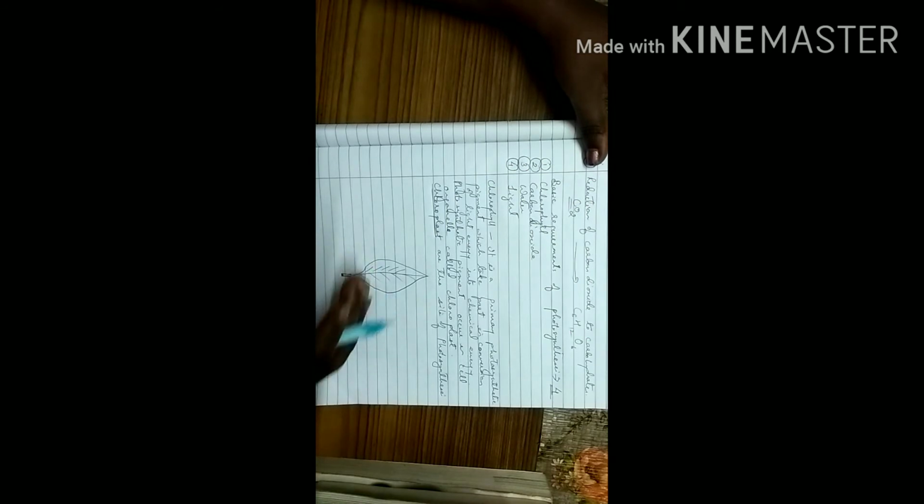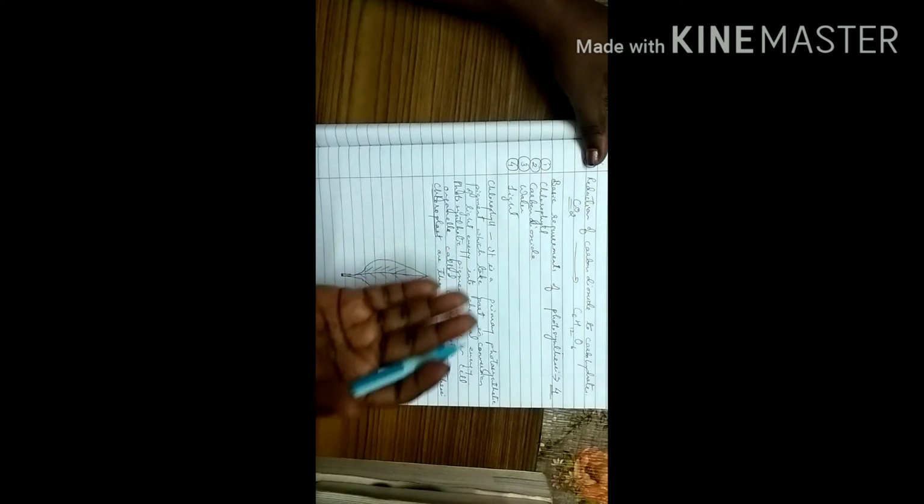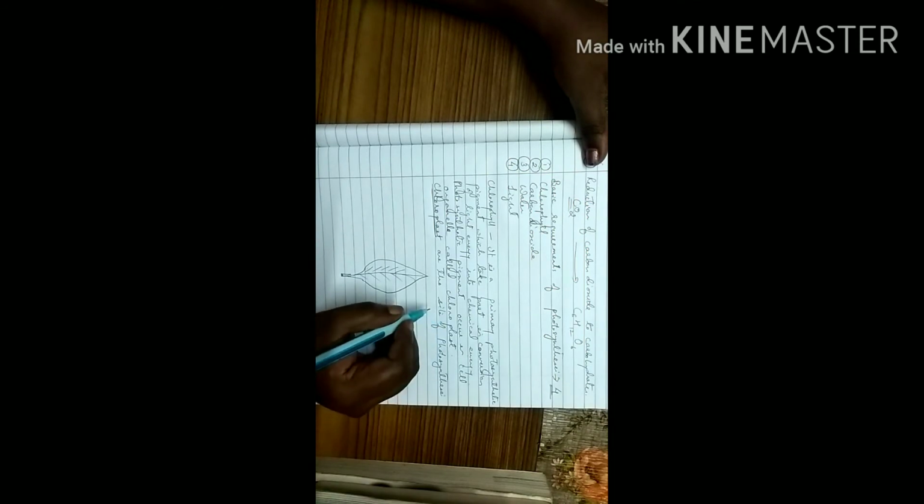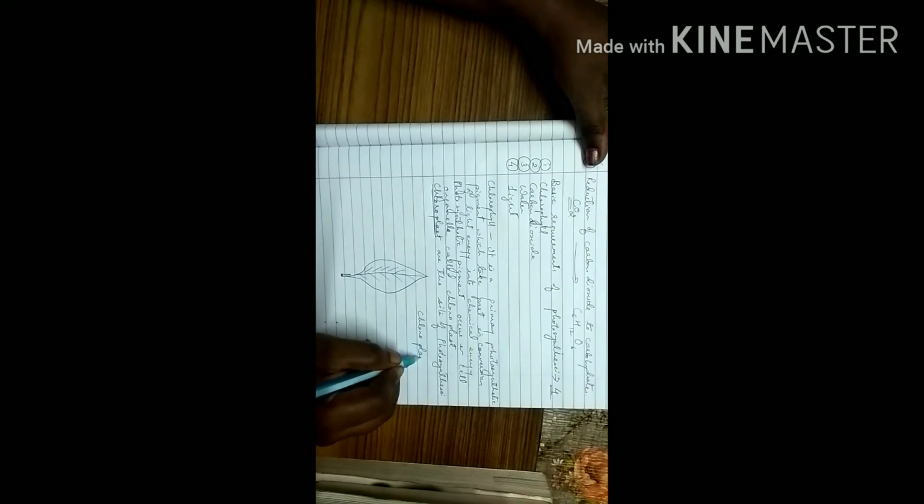So when we take the cross section of this leaf, we find chloroplasts. How can we see them? They are in the form of green dots in the palisade and spongy cells of mesophyll.